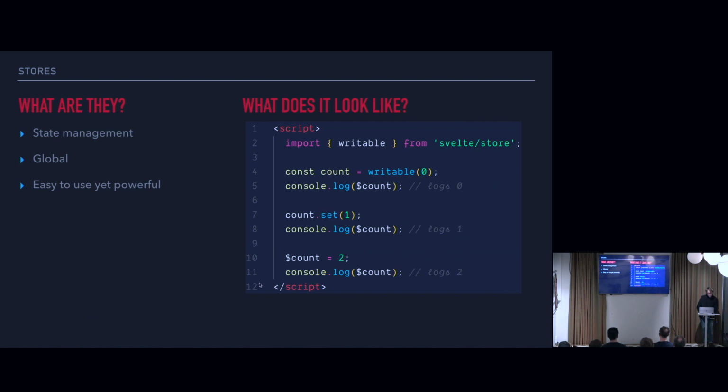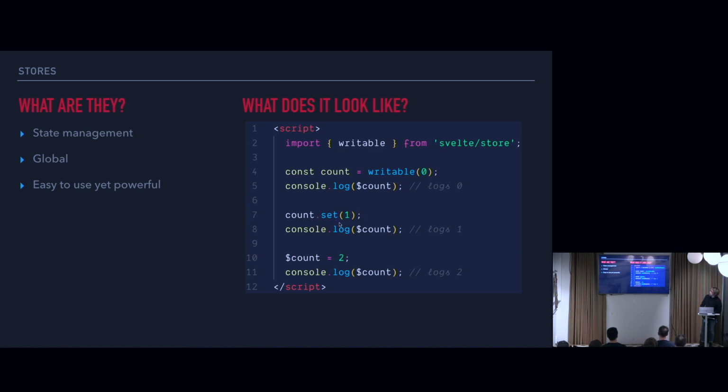So what does it look like? In Svelte, there are a couple of built-in stores. We have a writable store, we have a readable store, and we have a derived store. And on the right here, you can see how we're instantiating a store, which is simply this second line. You import writable, and then you instantiate it on line 4. We're starting with a value of 0, and then we're logging and updating the value.